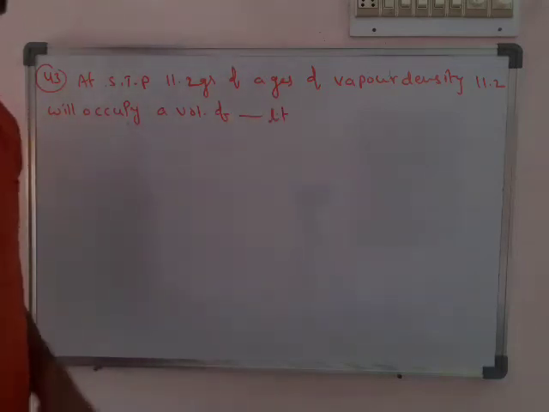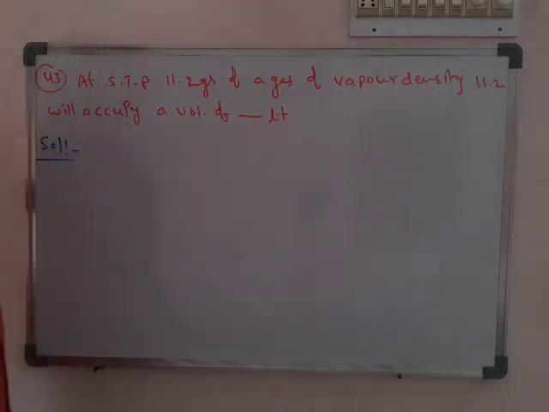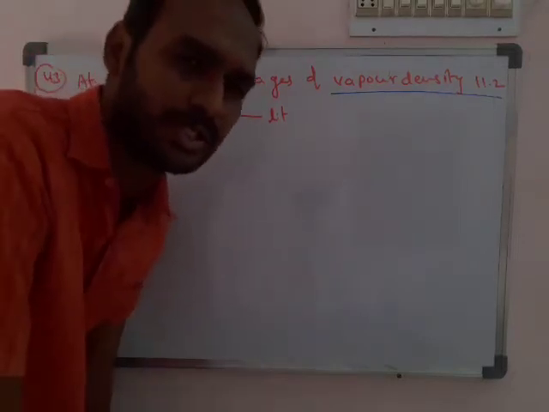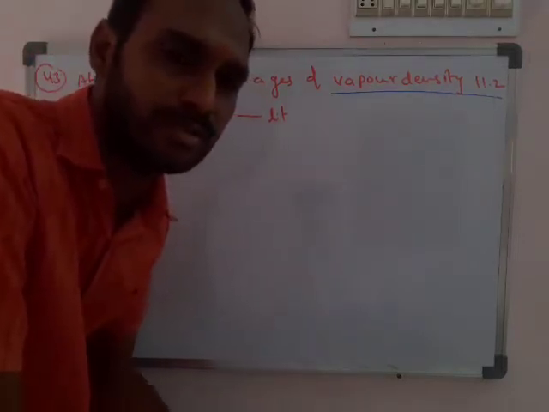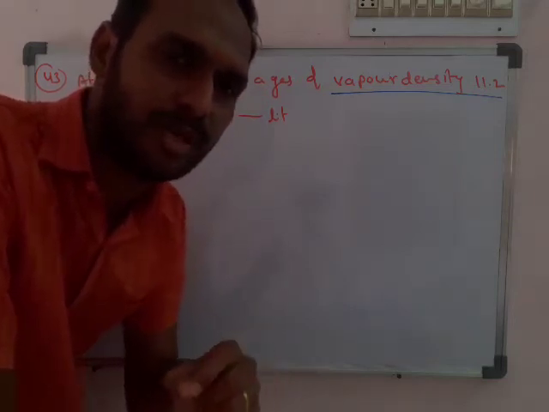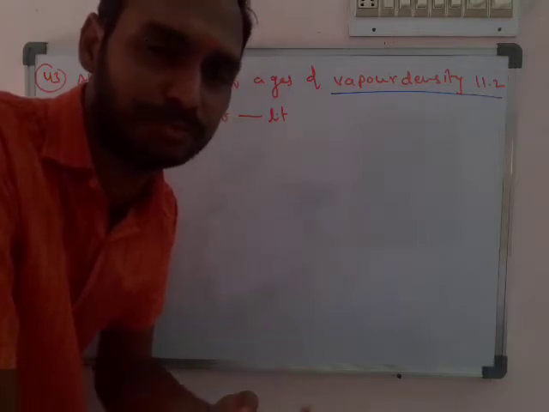There is no need of options, we do it directly. Here, the important thing is the vapor density is 11.2. We have the vapor density relation with the molecular weight. Molecular weight we can also call molar mass, because for fixed values we always use the words molar mass, molar volume like that.